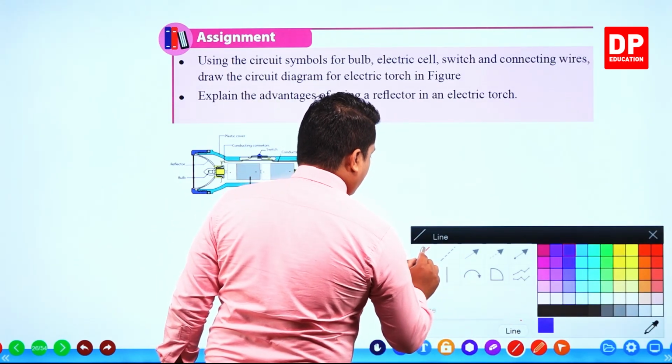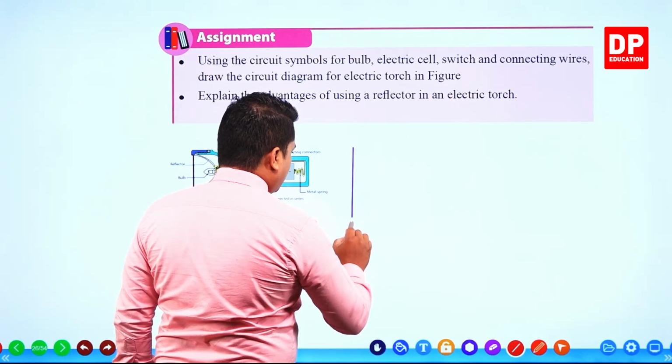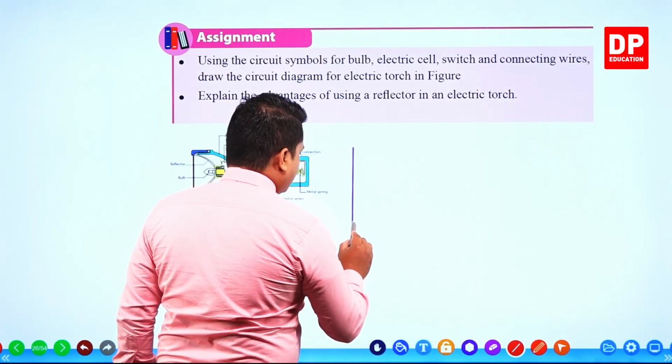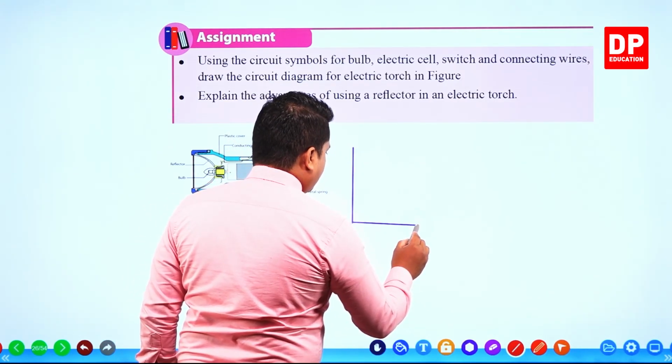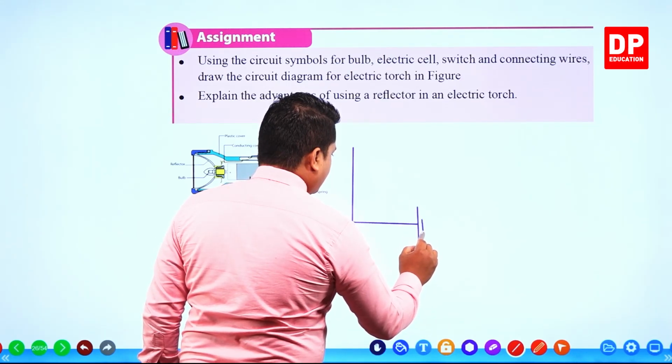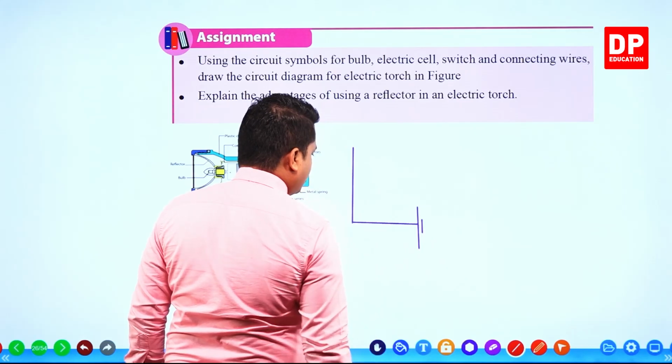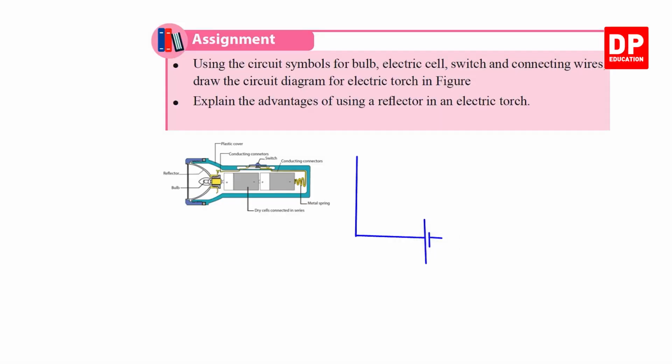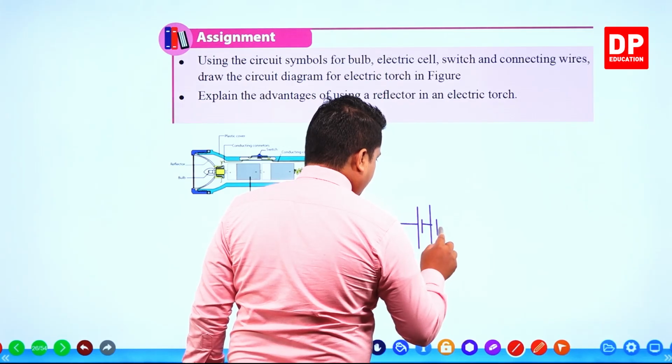So first of all, like this, then the dry cell. Let's do two different dry cells as there are two. Always remember to interconnect these. Right.